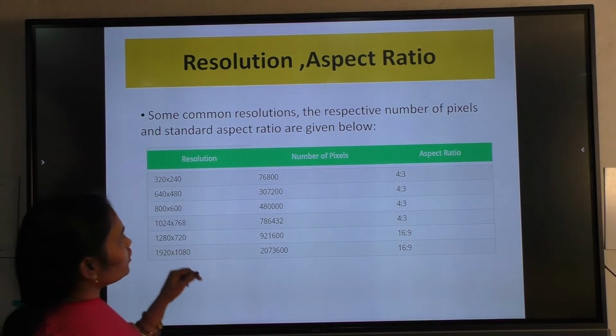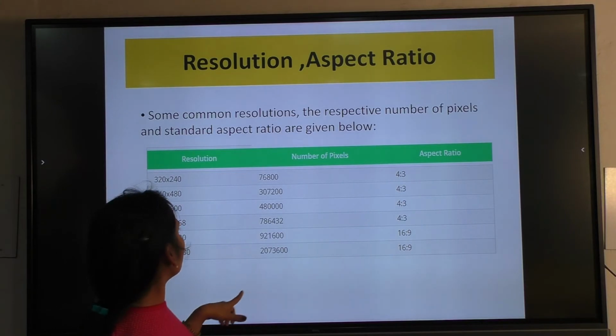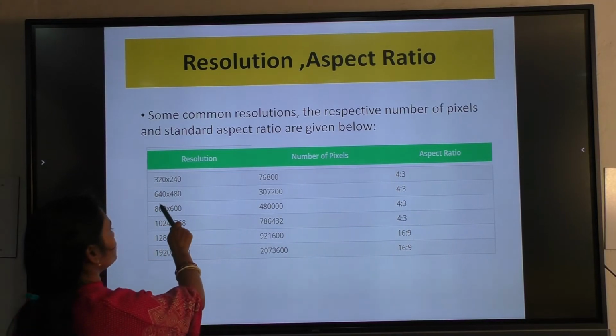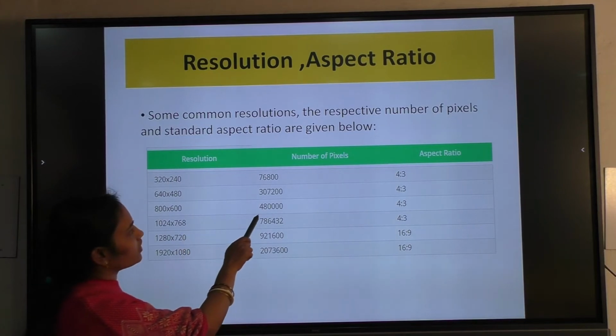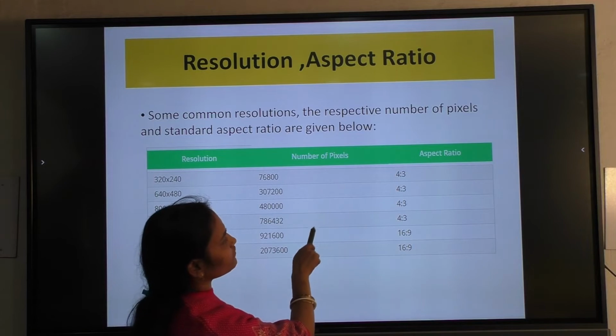Some common resolutions, the respective number of pixels and standard aspect ratio are given below. When the resolution is 320 by 240, the number of pixels is 76,800 and the aspect ratio is 4:3.